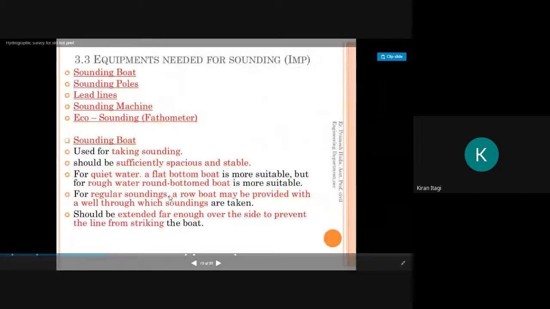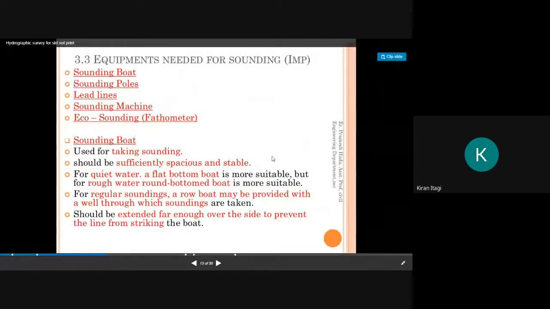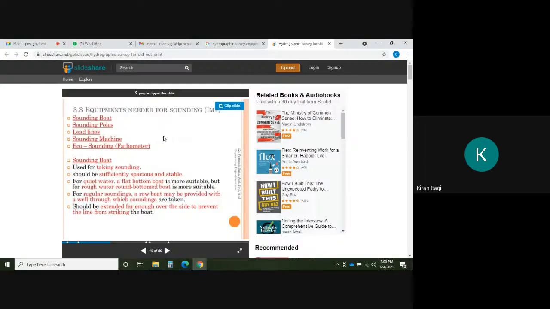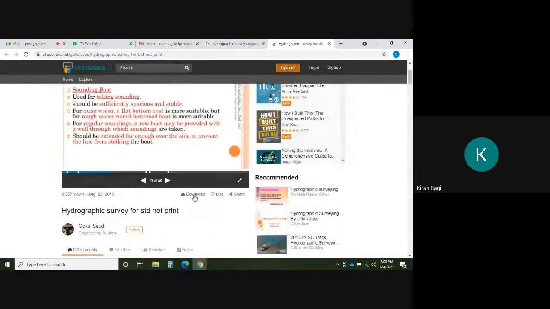Better I will explain it here only. It will be easy for you if I explain with the images. So I will take some images and explain.